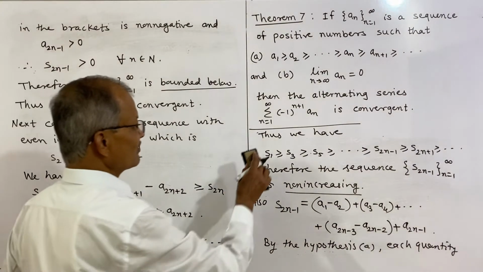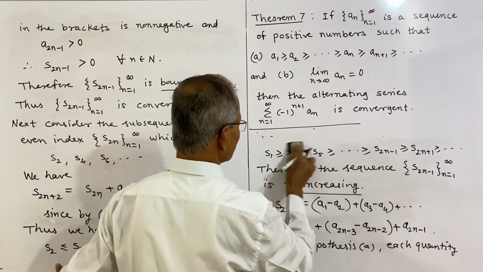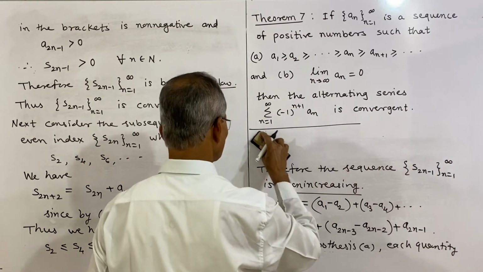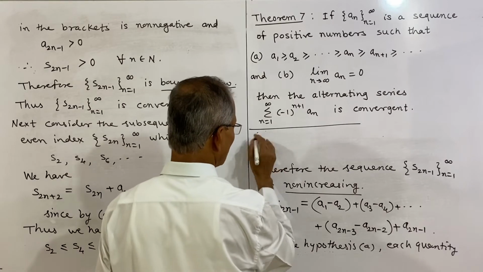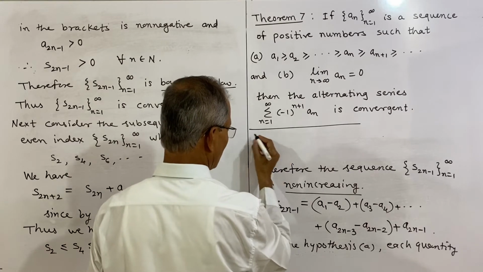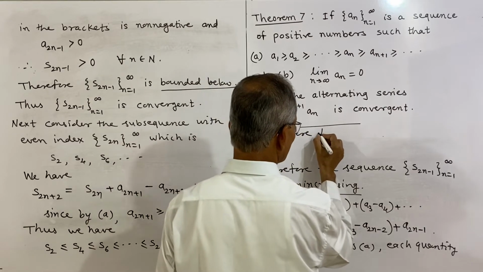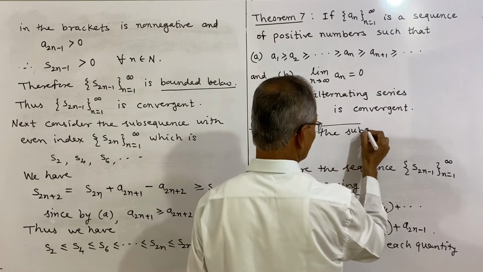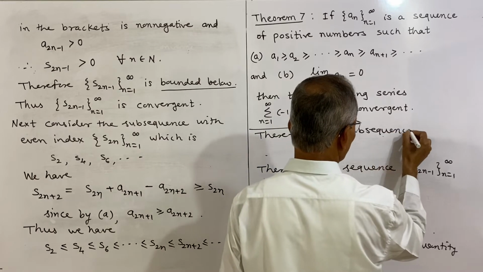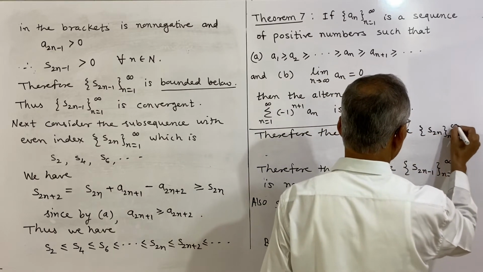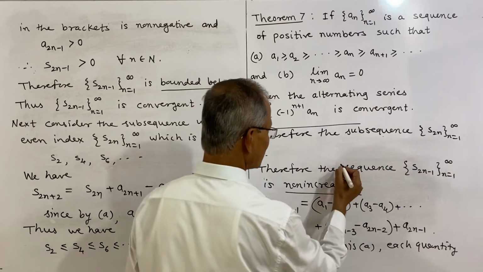So therefore the sequence or subsequence S2n, n takes values 1 to infinity. Here also this is a subsequence.